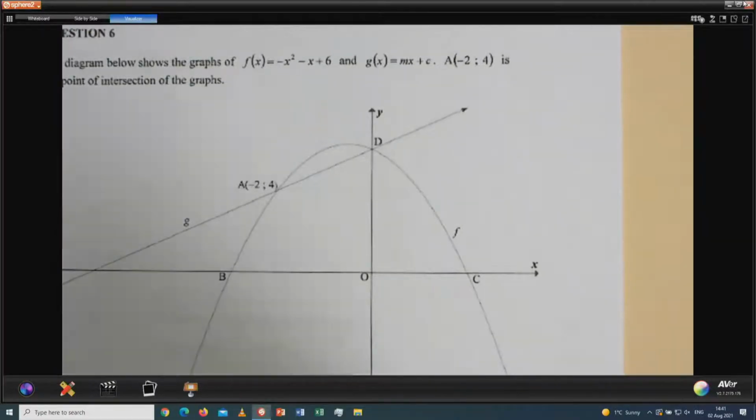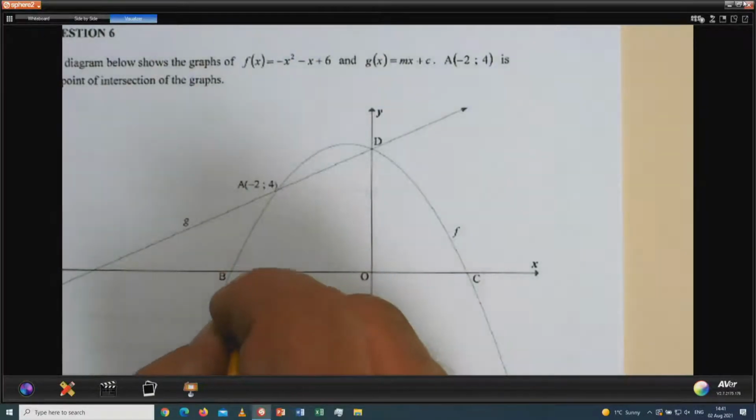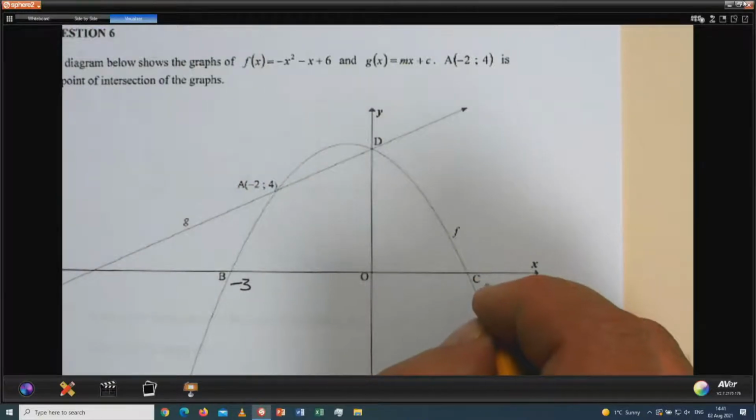If I put y equal to 0, we're going to get -x² - x + 6 = 0. So x² + x - 6 = 0. So now it becomes (x + 3)(x - 2) = 0. So x = -3 or x = 2.